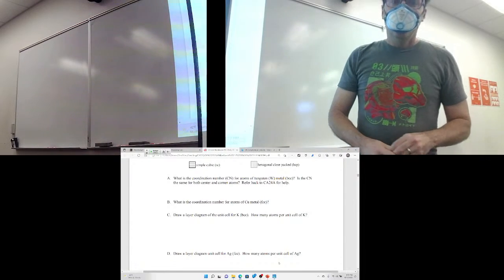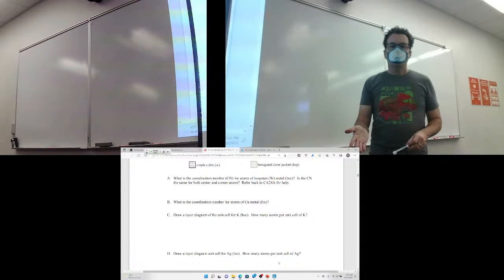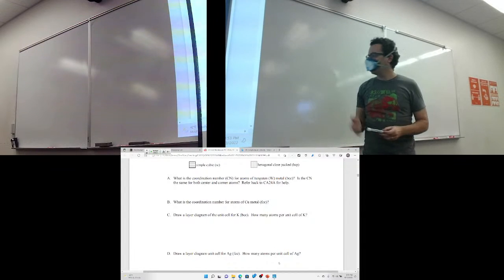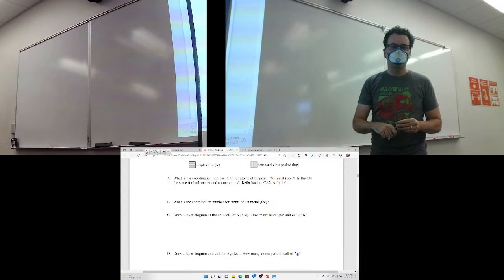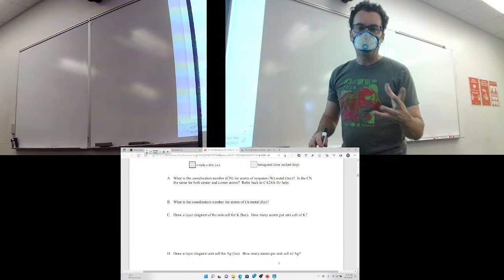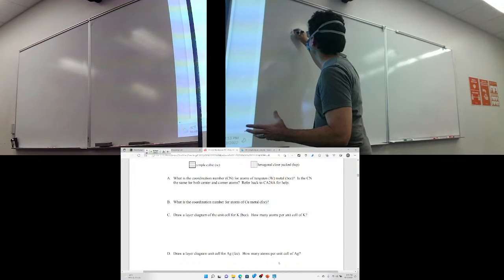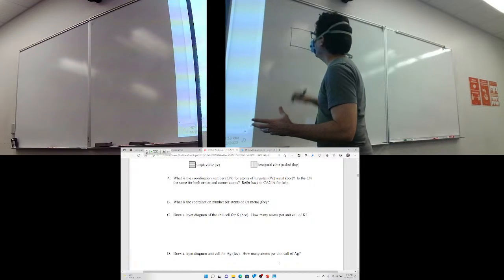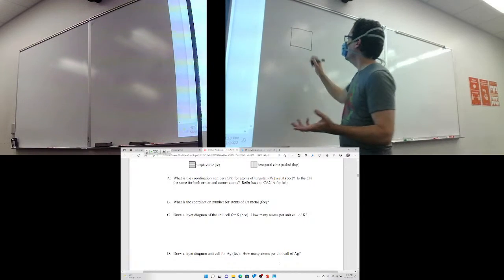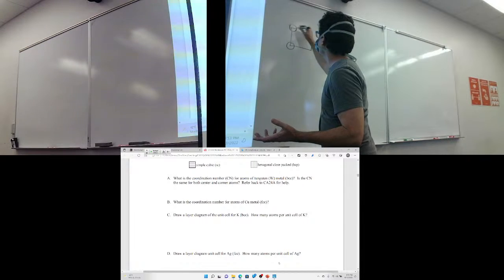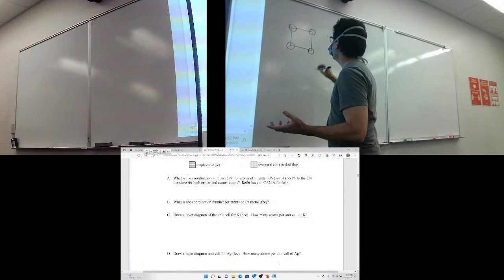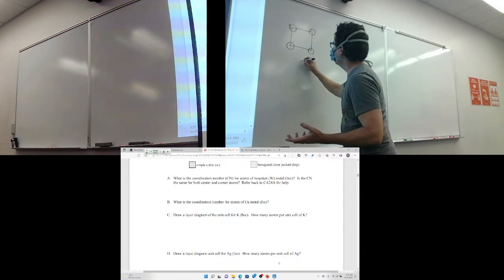So, layer diagrams. I'm sure you just looked at the one on the previous page and copied it, but you should be able to write these yourself. So layer diagram for BCC, you have atoms in the corners, and that's the bottom layer.